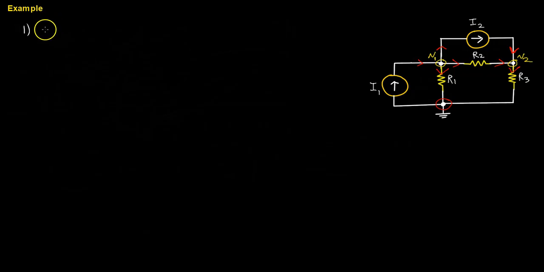So by doing that, we obtain I1 is equal to V1 over R1 plus (V1 minus V2) over R2 plus I2. So these are all the currents that are leaving that branch.